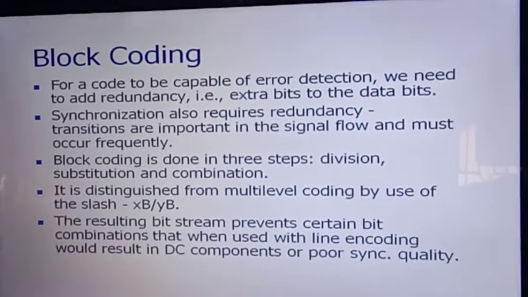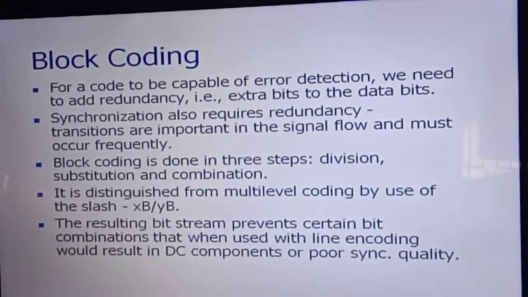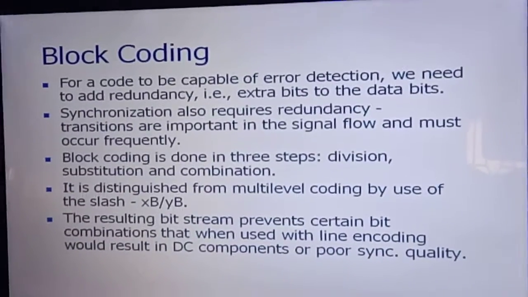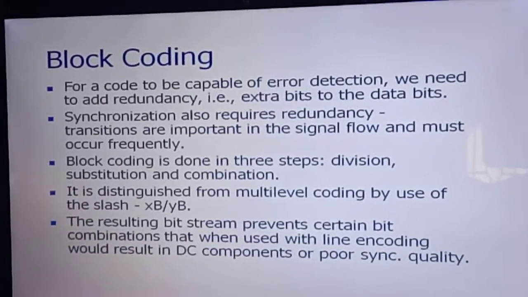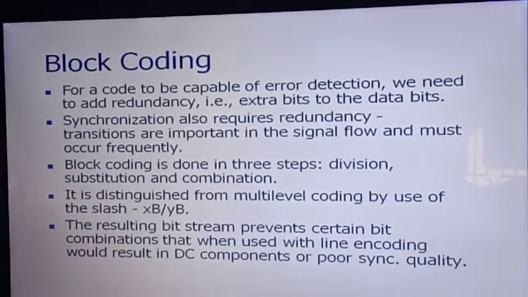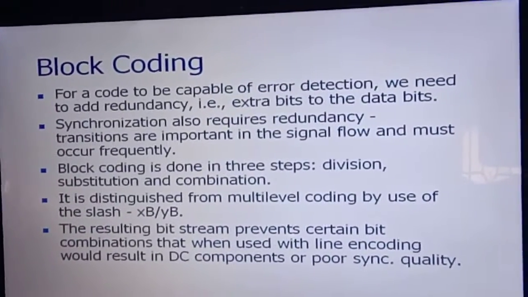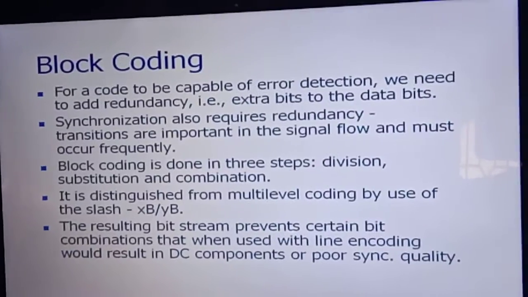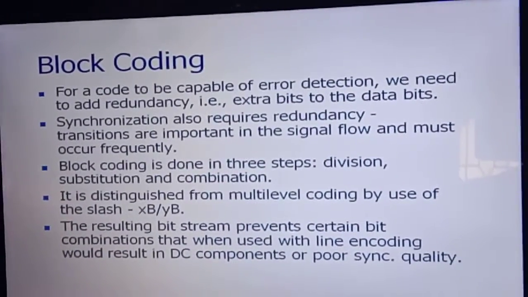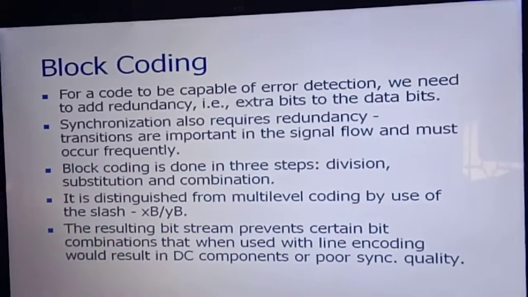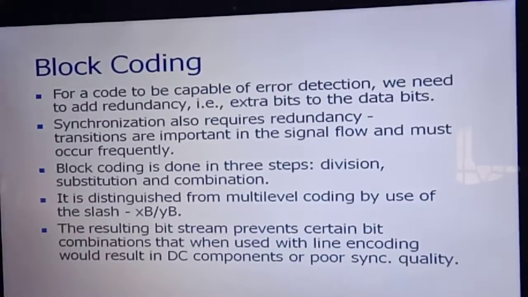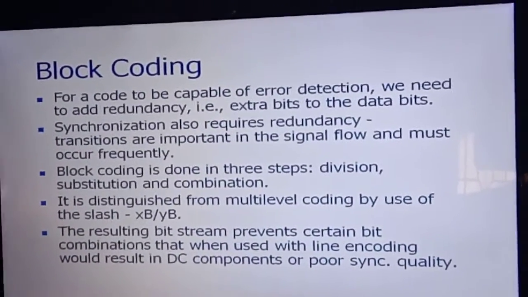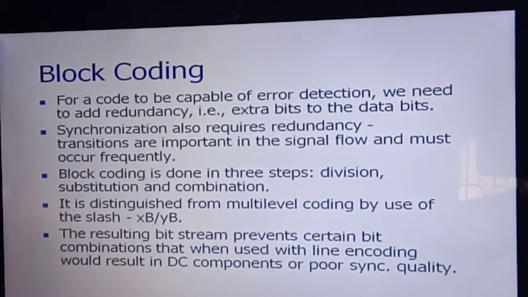But none of those methods can prevent the disadvantage of error detection and correction. Those methods assist with self-synchronization. But how can we handle error detection and correction? That is, if there are any errors in transmission, how can we identify and correct them? Block coding methods can provide error detection and correction, including synchronization.